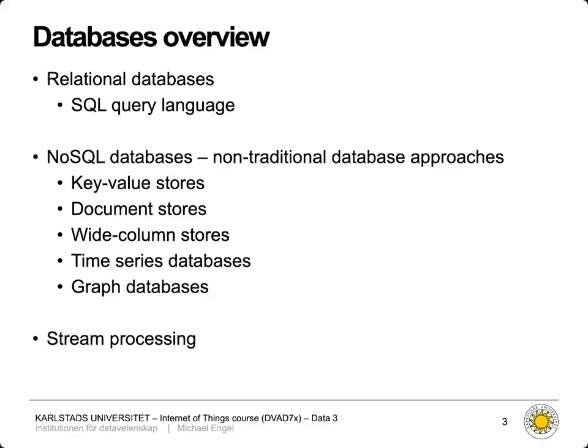We can have very simple approaches like key value stores, where you just have a key, which is a unique identifier, and then a value for this, like a name and then your name, for every entry in our database. But we can also store more complex data, which is difficult in relational databases. So we can store documents. We can also have wide column stores, time series databases, which is especially interesting for IoT applications, and also graph databases.